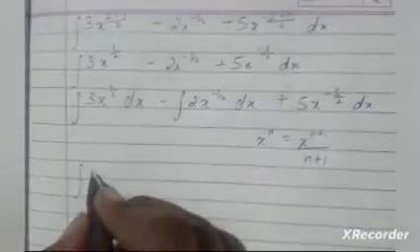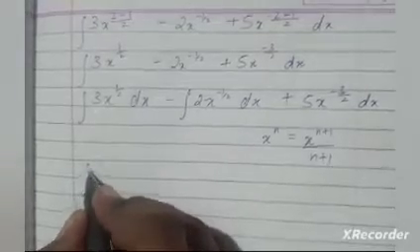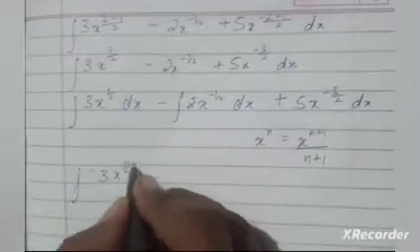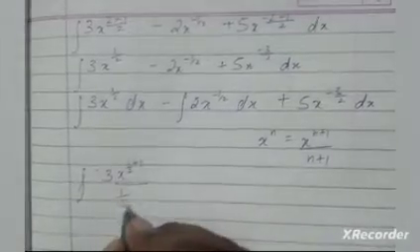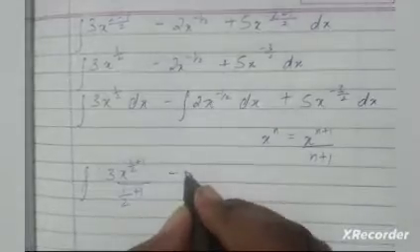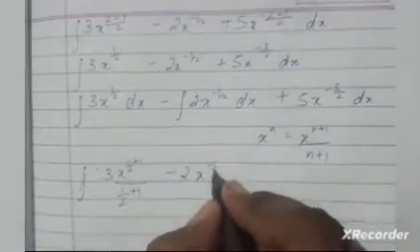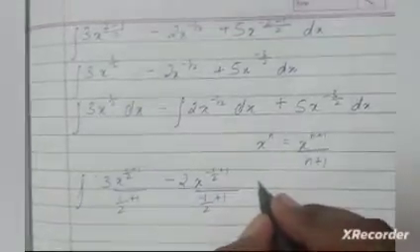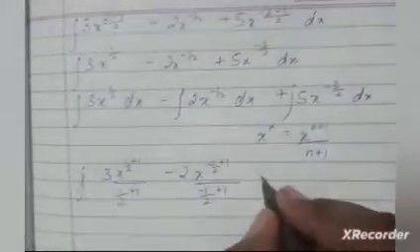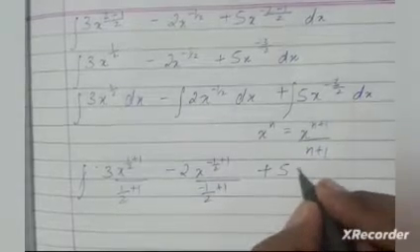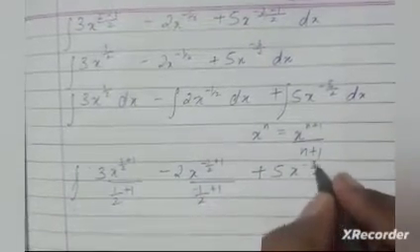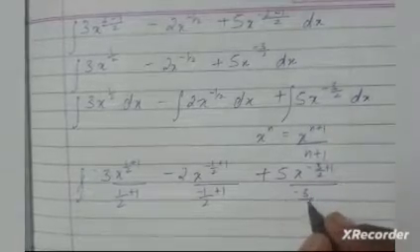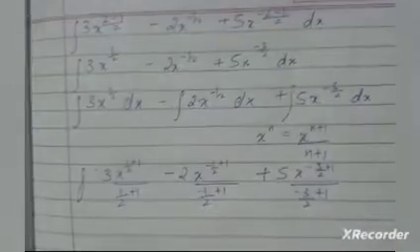So we will not write integration, we will directly write 3 x raised to 1 by 2 plus 1, same in the denominator, 1 by 2 plus 1, minus 2 x raised to minus 1 by 2 plus 1, divided by minus 1 by 2 plus 1. Then plus 5 x raised to minus 3 by 2 plus 1 divided by minus 3 by 2 plus 1.